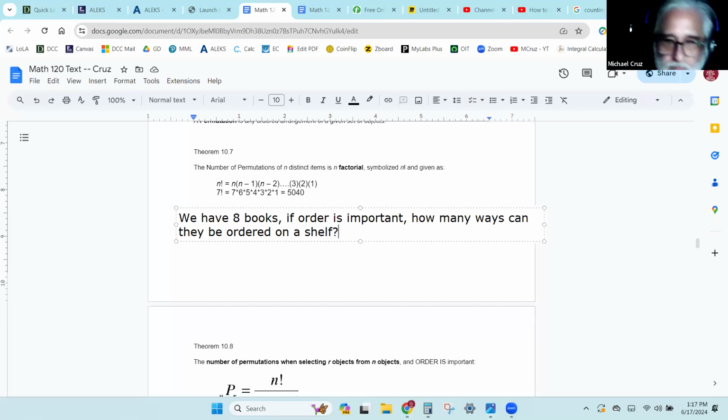So this is where the idea of the factorial comes from.